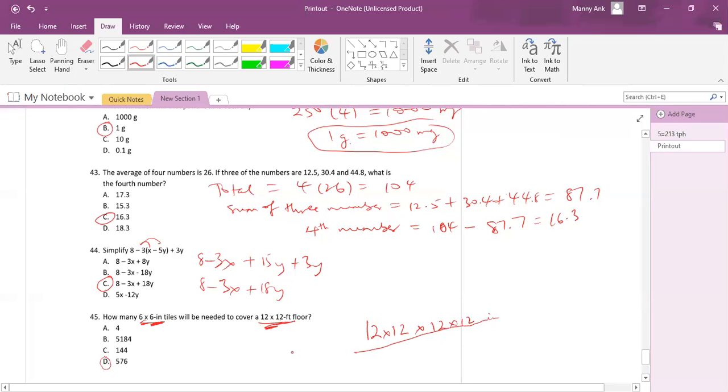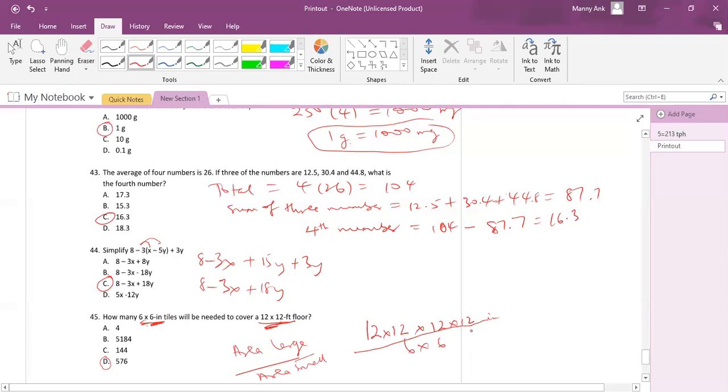Divide this by 6 by 6. So that will be the area. The area of the big tile, which is this, divided by the area of the small tile. Area of large divided by area of small. That's what we are doing.